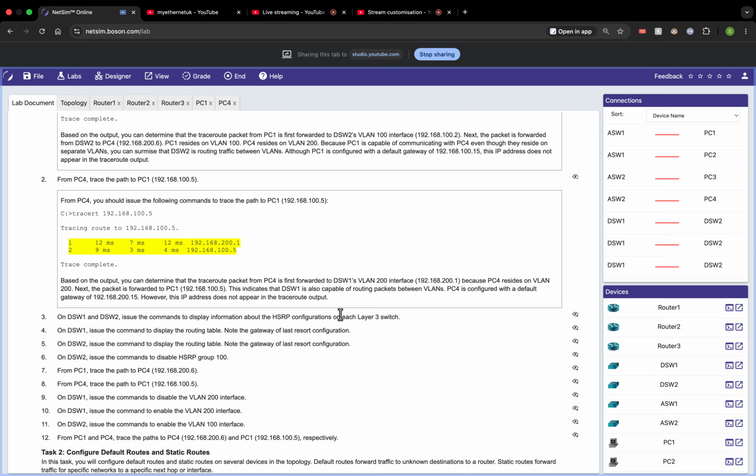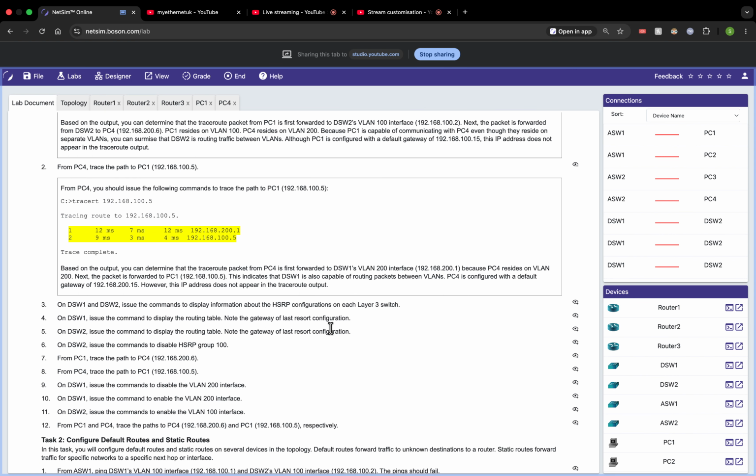But yeah, if we do show standby, it should show us the information that we need to know. Okay, I'm going to move quickly through this because configuration is not actually mentioned. When it comes to first hop redundancy protocols, what the CCNA asks in section 3.5 is to describe the purposes, functions, and concepts of first hop redundancy protocols. So configuration is not actually mentioned, but it was part of this lab.